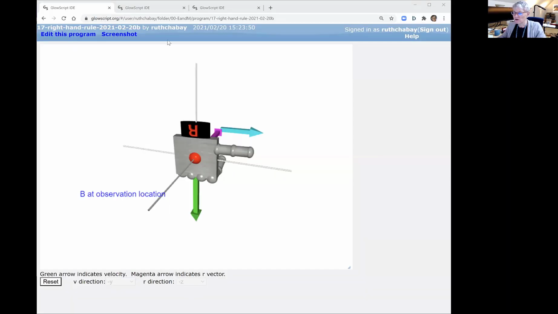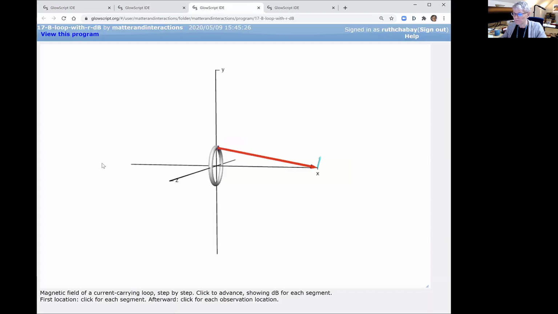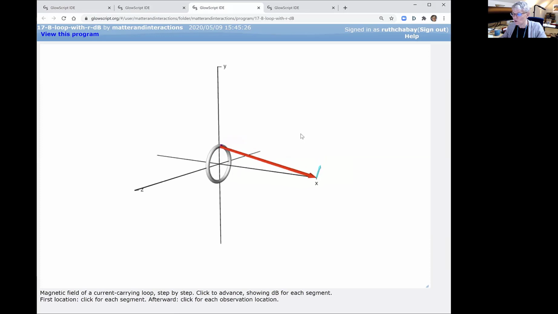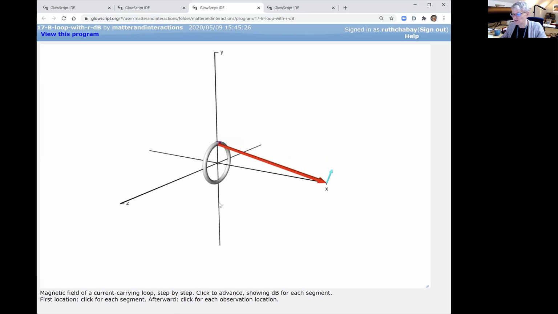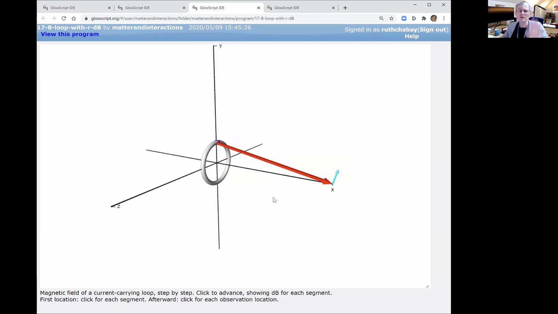Now, the next thing I want to talk about is a loop of current. Here's a wire, there's a loop. This is a simplified diagram, so obviously, unless this is a superconductor under unusual circumstances, you're not going to get current flowing in this loop unless there are wires connecting it to a battery.